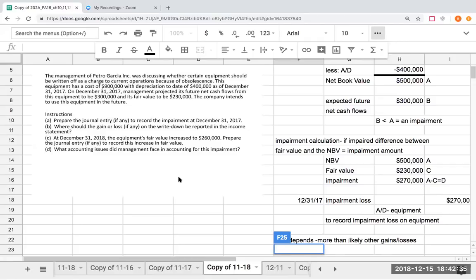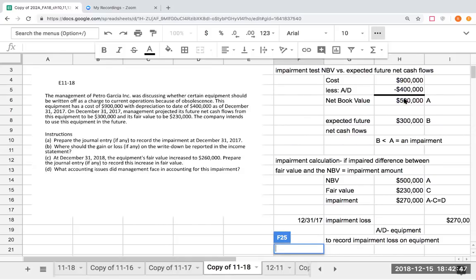One of the things this question did not ask for is the amount of the depreciation expense. We would depreciate this asset. You would have the net book value, you would have another 270 taken from impairment, so your new depreciable basis is going to be about 230,000.